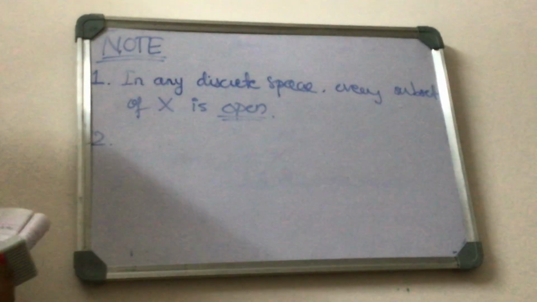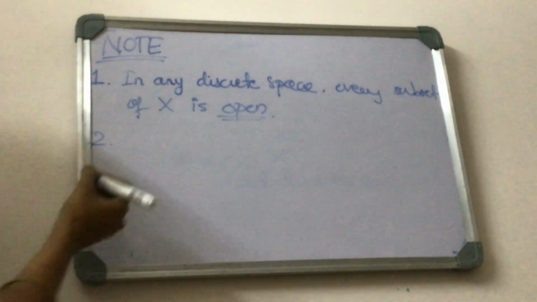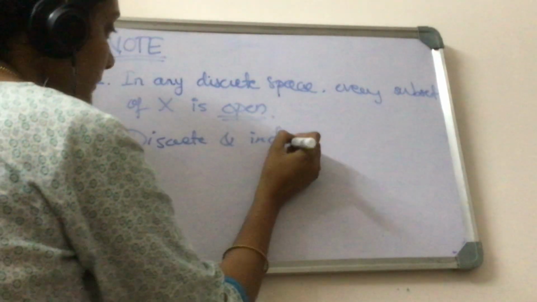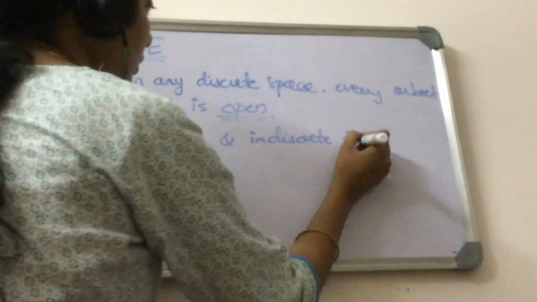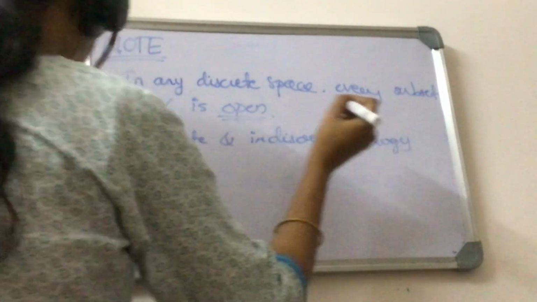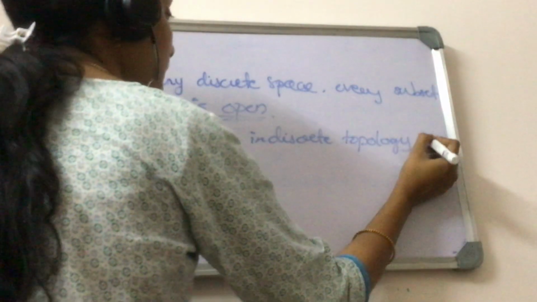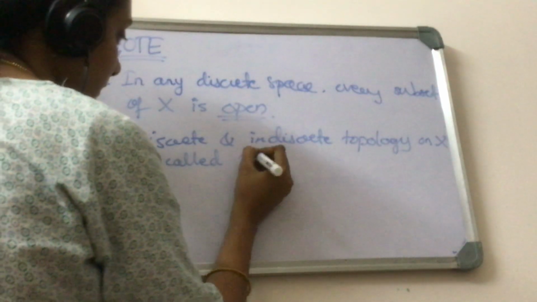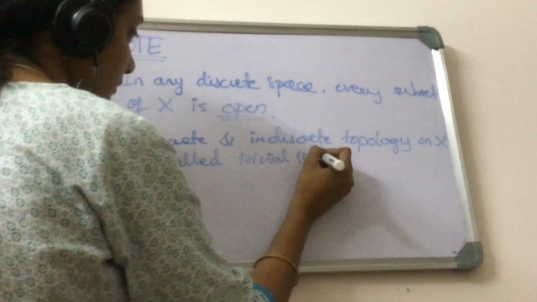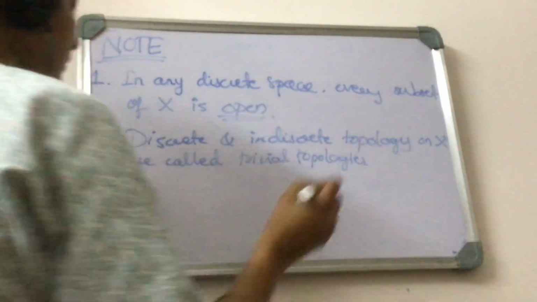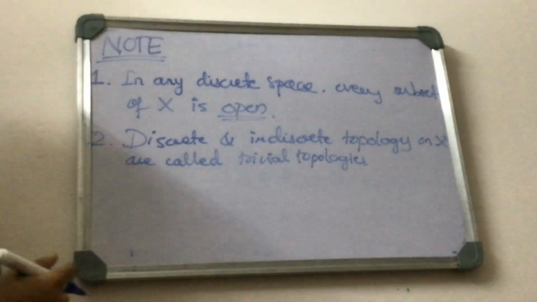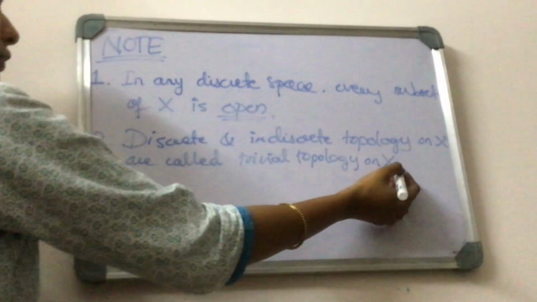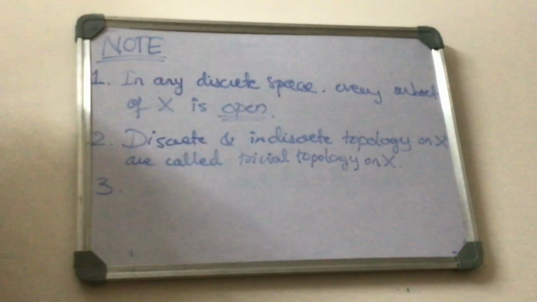Discrete and indiscrete topologies on X are called the trivial topologies. As I told, discrete and indiscrete topologies on X are called trivial topologies. You have to mention the specific set, because a topology may be on any set.